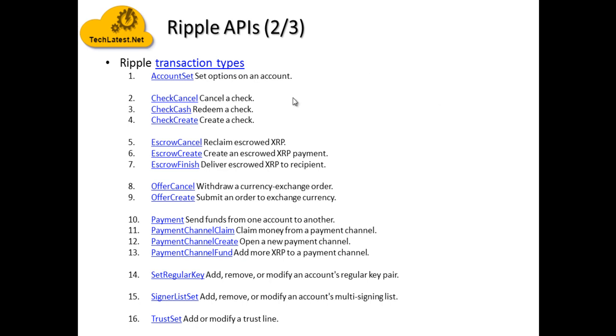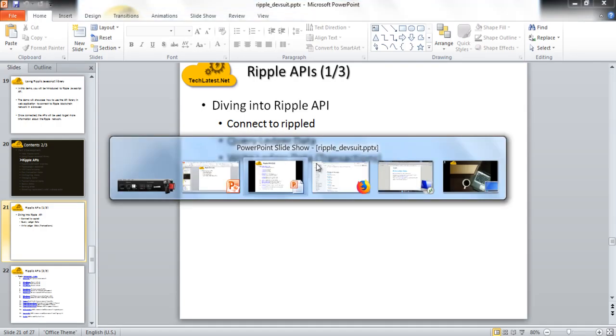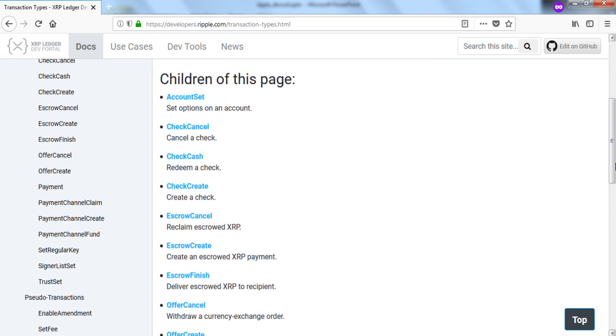If you click on the link, it will take you to the Ripple website where you can see the different transaction types. At this point, I will just give you an overview of the transaction types. Down the line, we are going to work on, if not all, then most of these transaction types, and at that time we will get into more details.